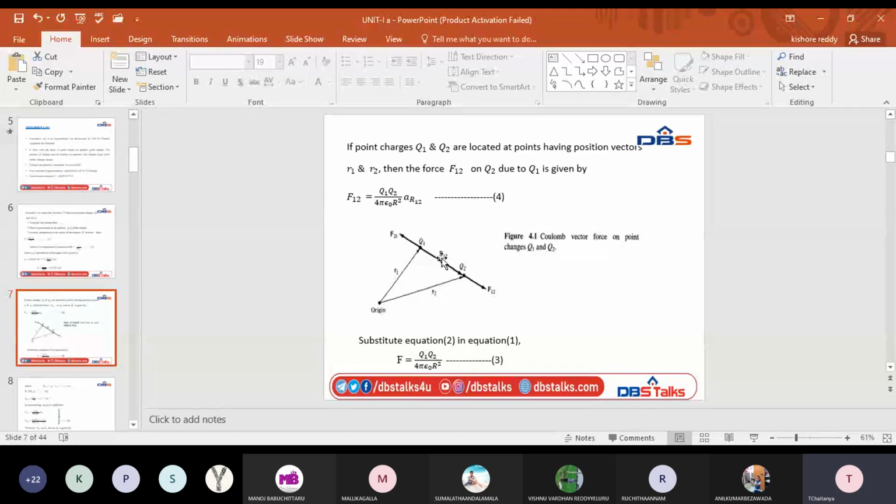If we want to find the force on Q2 due to Q1, it is indicated by F12, and if we want to find the force on Q1 due to Q2, it is indicated by F21. So let us have a relation between F21 and F12: F12 is equal to minus F21. This is the relation that can be placed between the two forces.